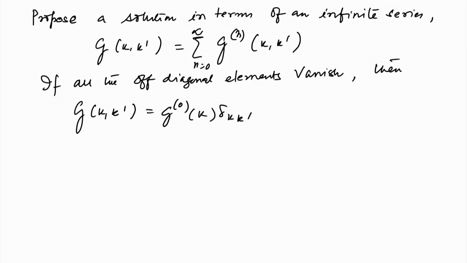So, when we have no off diagonal elements, only diagonal elements, the solution of the Green's function is purely the unperturbed Green's function.